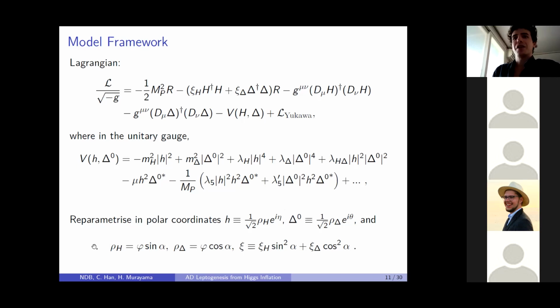Okay, so further we can reparameterize these real scalar components, and we want to define this angle alpha, defining the relation, or the mixing, between these two, and then we'll have some real scalar component phi. And so our non-minimal coupling can be redefined in regards to these mixing terms as follows.